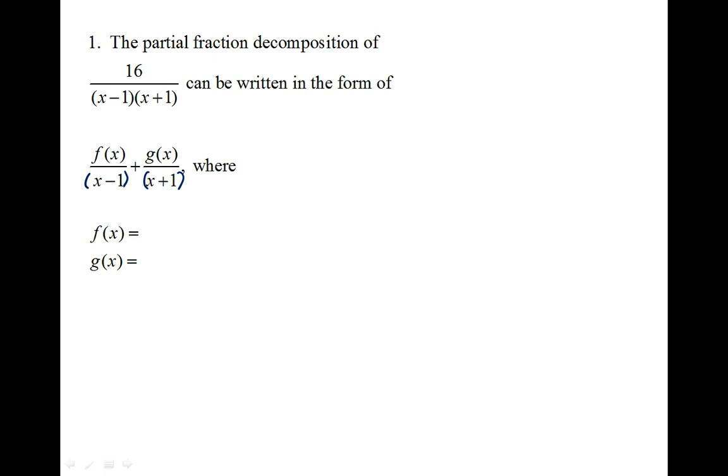So when you rewrite those, 16 over x minus 1 times x plus 1 is going to equal, I'm going to call f of x a over x minus 1 plus b, that's your g of x, over x plus 1.